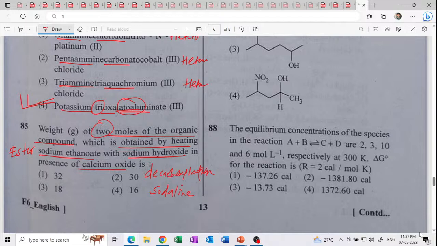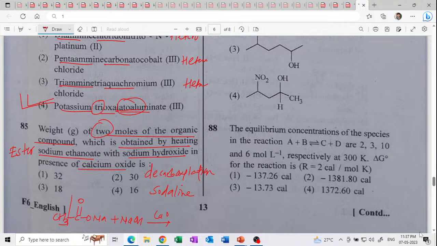The weight of two moles of the organic compound obtained by heating sodium ethanoate. Two moles of the organic compound. Get it? Then okay, what is sodium ethanoate? This is CH3COONa plus NaOH in the presence of calcium oxide.